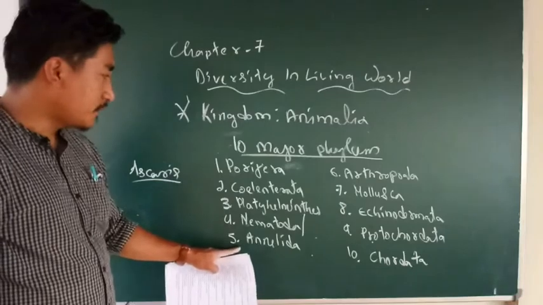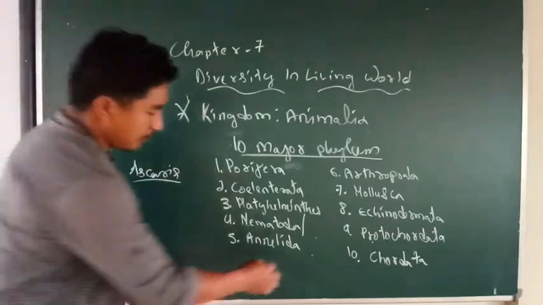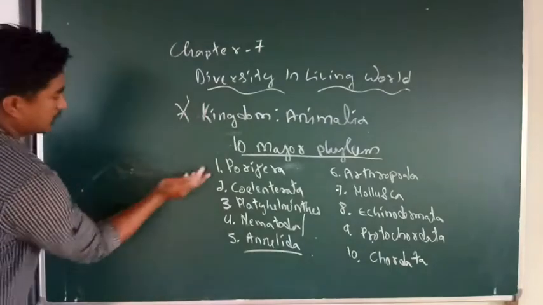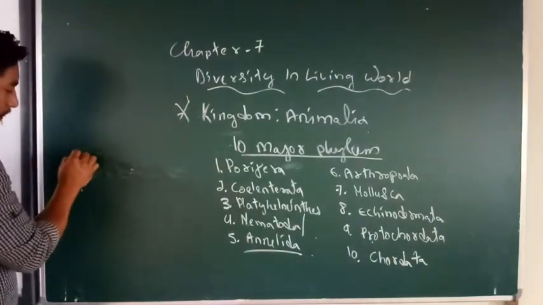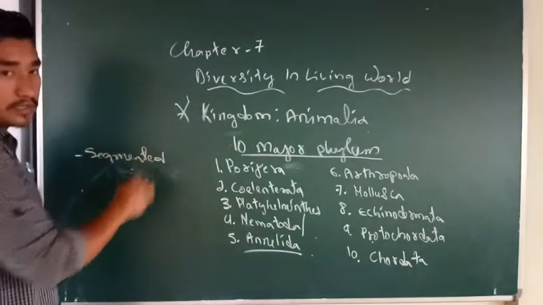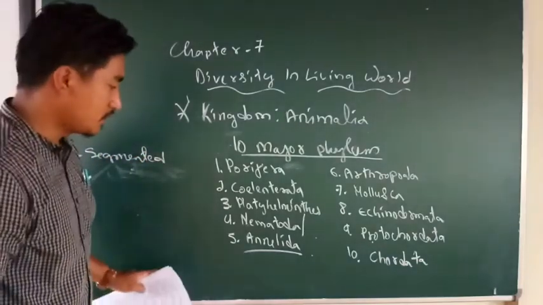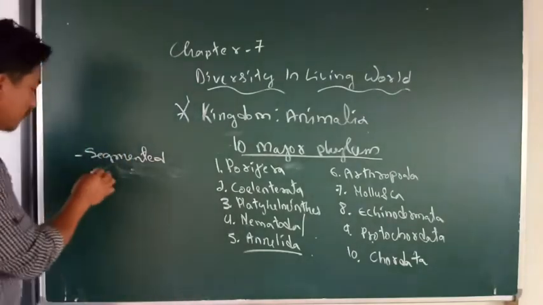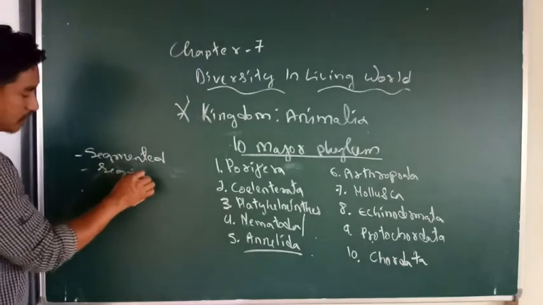Then the fifth major phylum is phylum Annelida. They are commonly known as segmented worms; their body is differentiated into different segments.